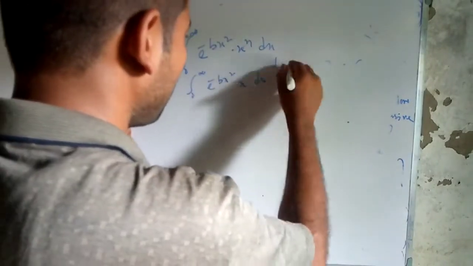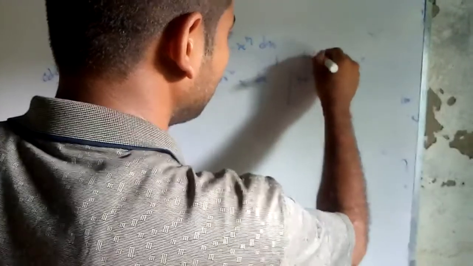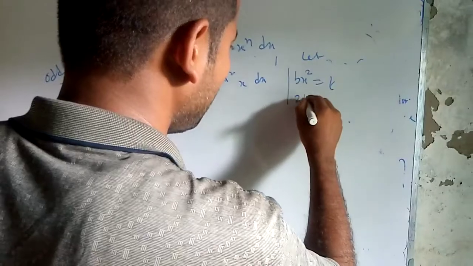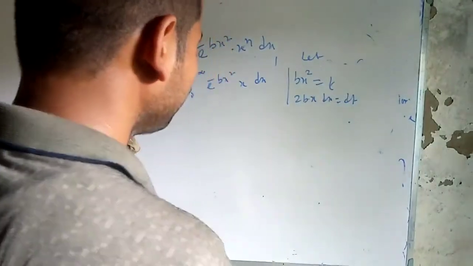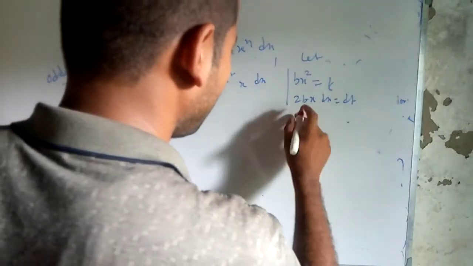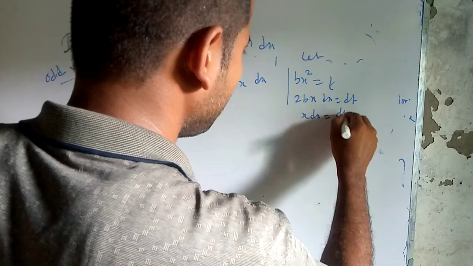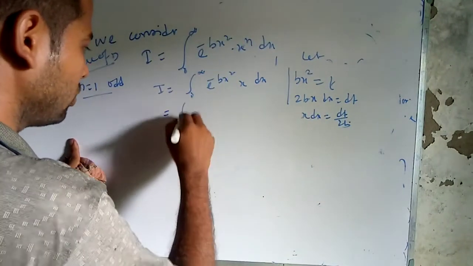Let b x squared equal t, and 2b x into dx is equal to dt. So x dx is equal to dt by 2b. Input this value and change the limits of integration: t goes from 0 to infinity.